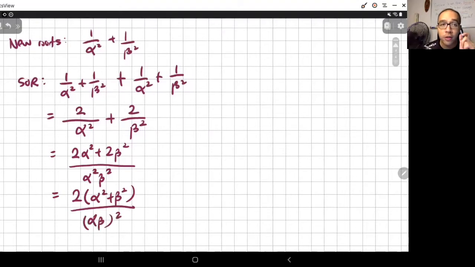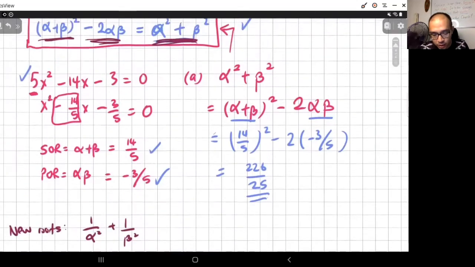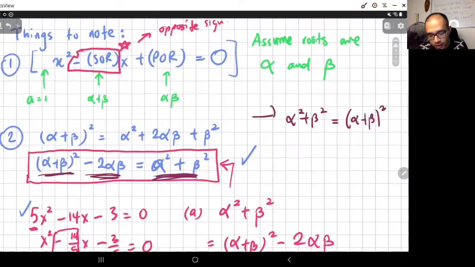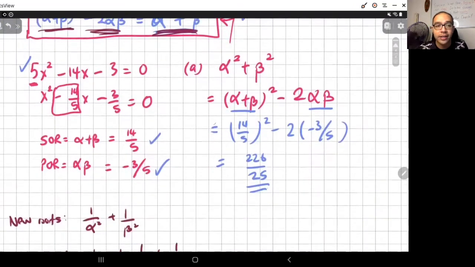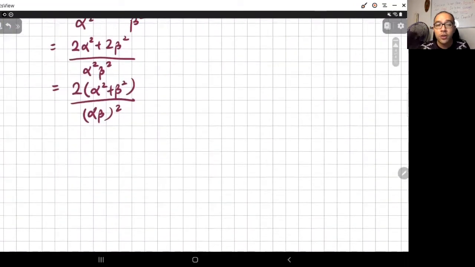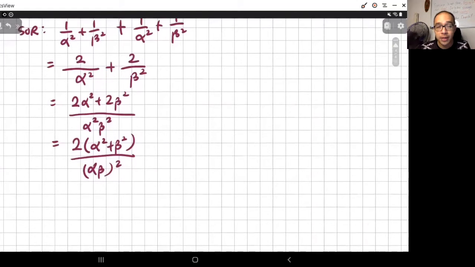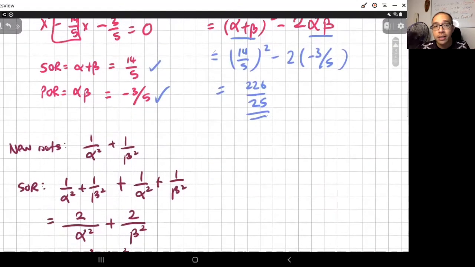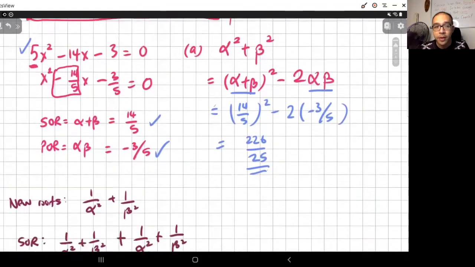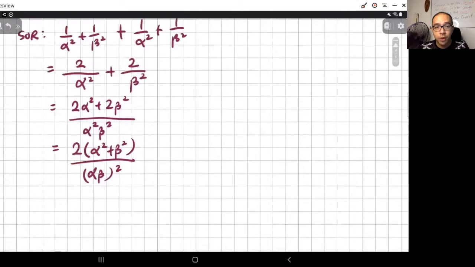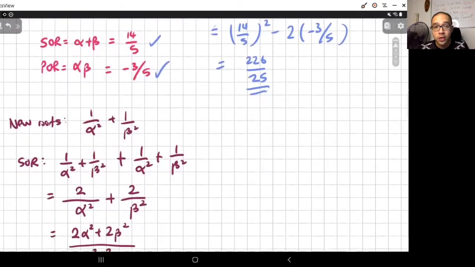Ini kamu boleh faktorkan. You can factorize the square. Yang di atas sini ni yang tidak boleh. This one cannot. You're not factorizing. So now the question is this: do we have alpha squared plus beta squared? Yes, we do. It's taken from the first one we did. So what we can do is we can put in the 226 over 25 there.